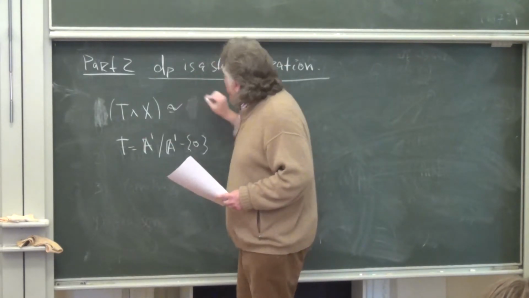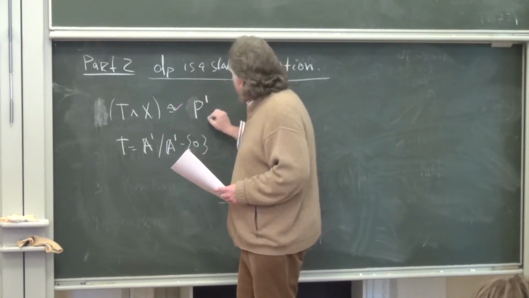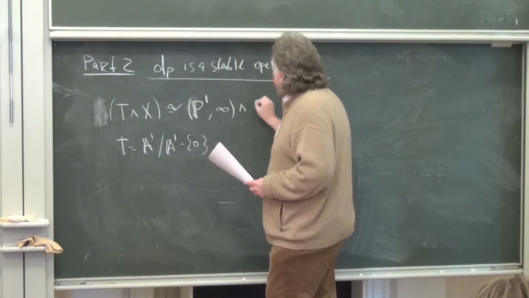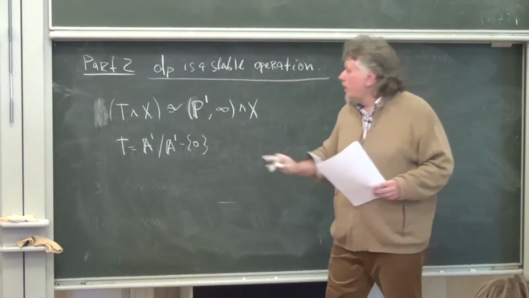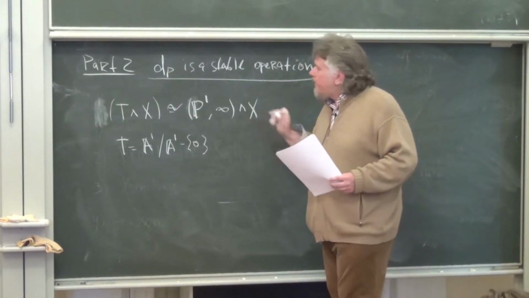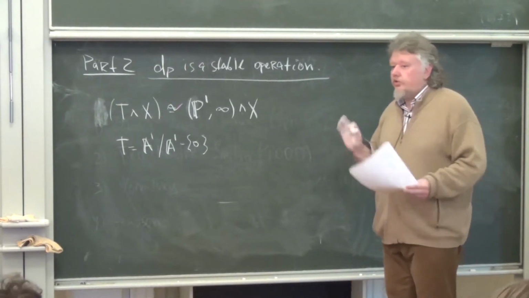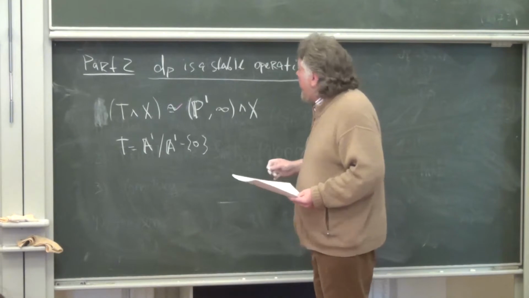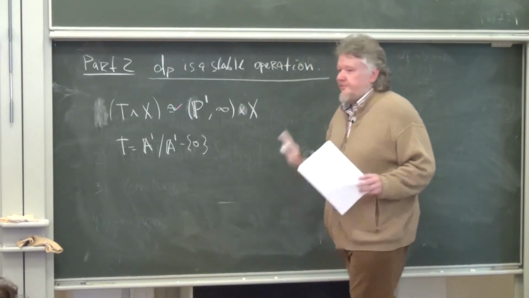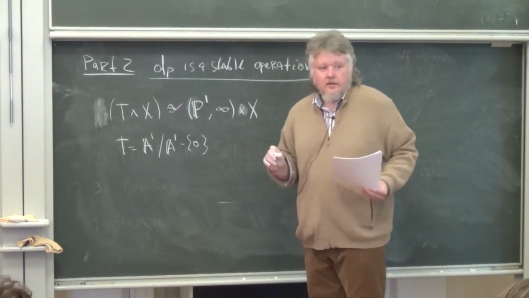So T smash X is homotopically equivalent to P1 smash X. So here, instead of T, we already have an algebraic variety. And here we have a smash product, so it's again not quite an algebraic variety, but it's not hard to get rid of this problem. So we can almost write here P1 times X. So this is a retract.